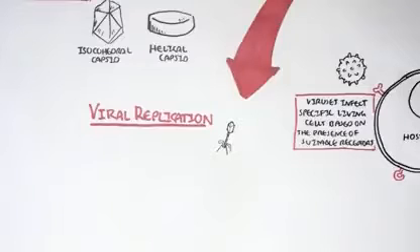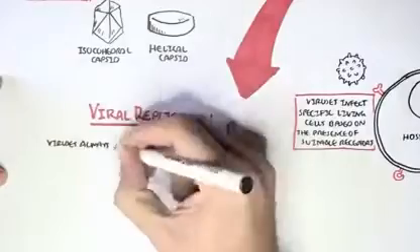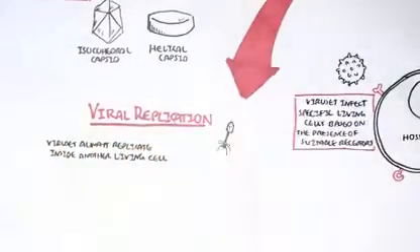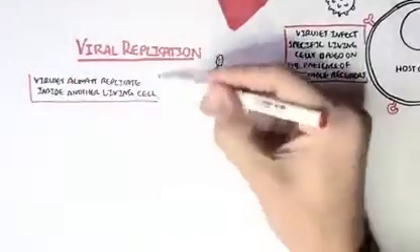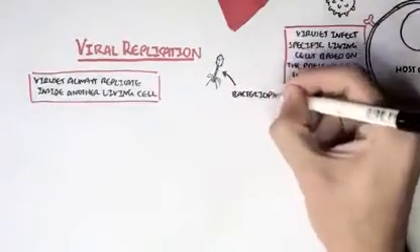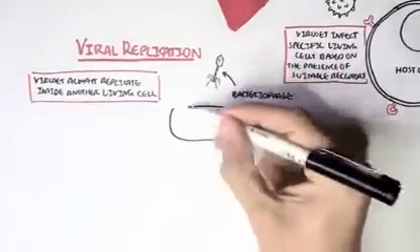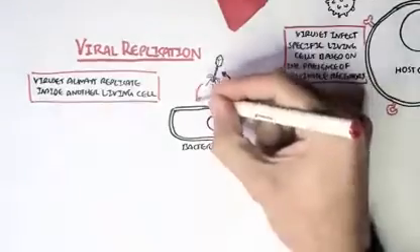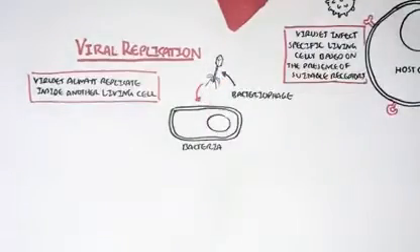But for now, we'll just see how the bacteriophage infects a bacteria. We have to understand that all viruses, not only the bacteriophage, always replicate inside another living cell. In this case, a bacteriophage will infect a living bacteria, a living cell, and will replicate inside the bacteria.